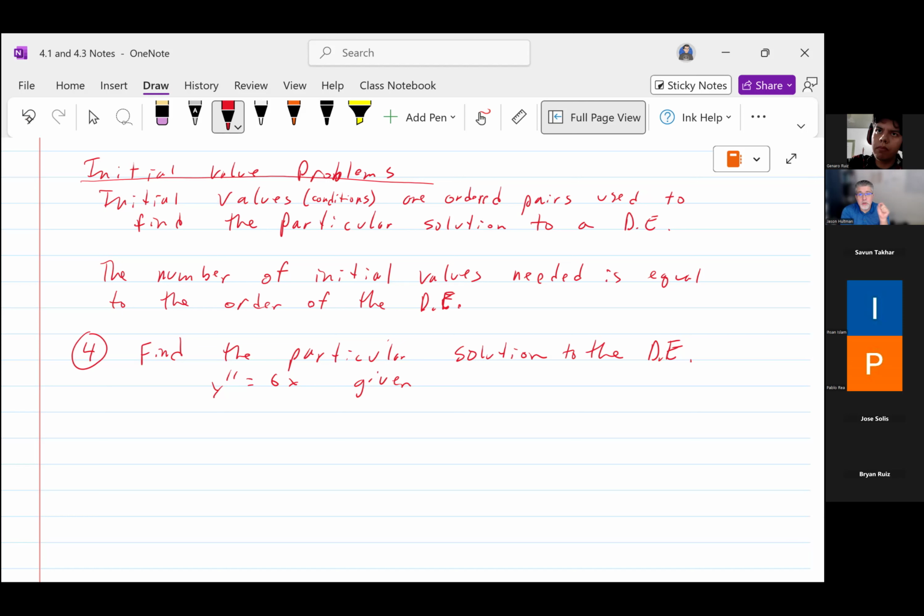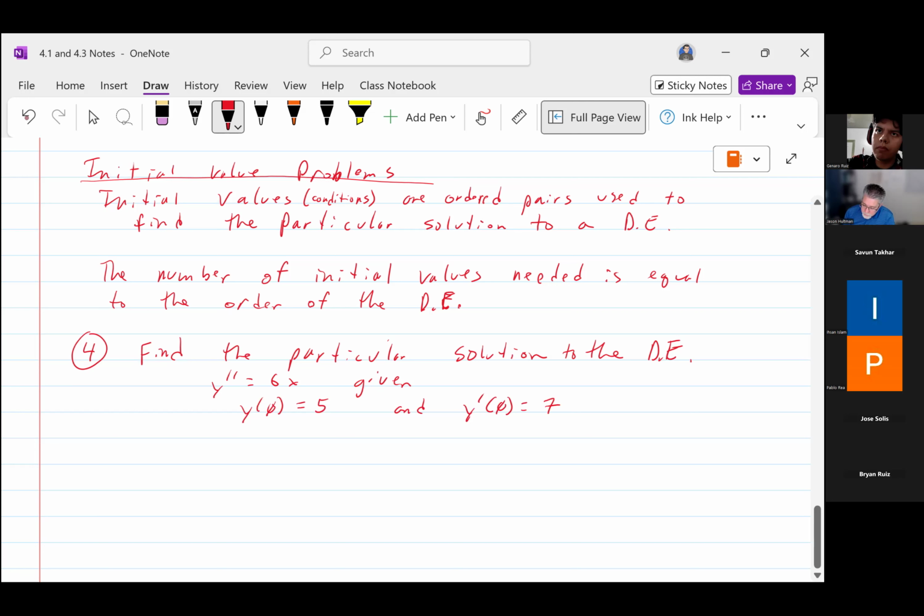I could either get 2 points on the solution to the differential equation, or you could give me 1 point on the solution and 1 point of the first derivative. And that's what we're going to be given here. So we're going to have y of 0 is equal to 5, and y prime of 0 is equal to 7.